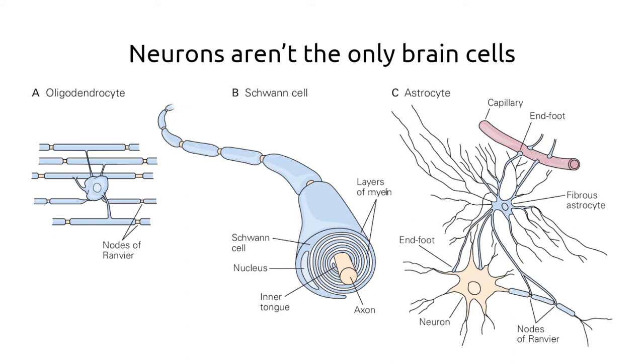There are definitely some people who say that, hey, those other things are also involved in computation somehow. That definitely could be true, and probably is true to some degree. We're going to focus on neurons because it's a little bit less controversial. But it is also worth pointing out that there are these other things, generally called glial cells, that are doing things other than the signal transmission and computation that we're going to be focusing on in this course.